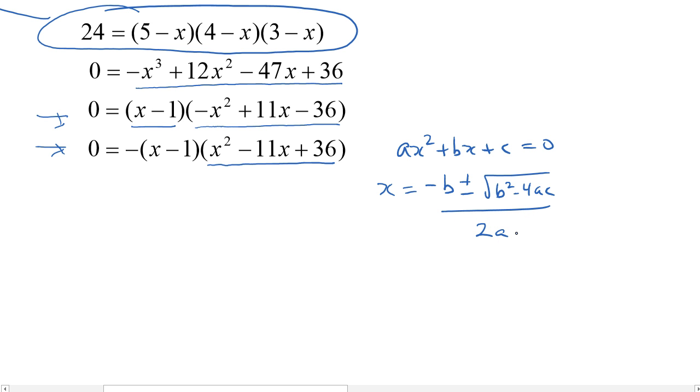So in this one here, it seems to me we have an a value of 1, a b value of -11, and a c value of 36.